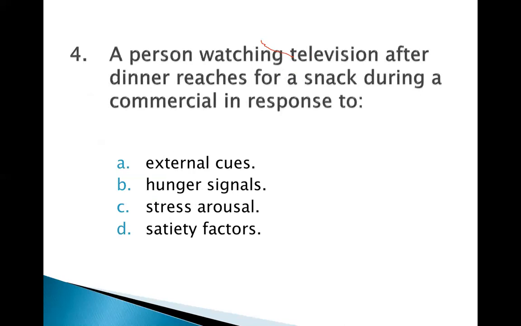A person watching television after dinner reaches for a snack during a commercial in response to external cues. So that commercial is externally influencing them to be hungry even when they wouldn't physiologically be hungry.